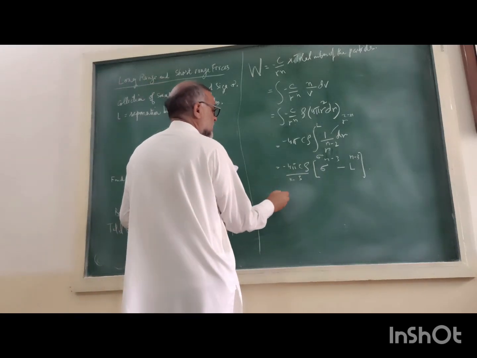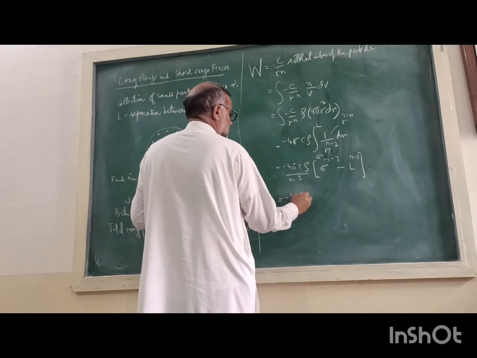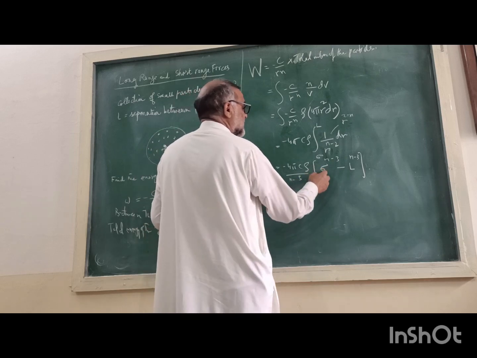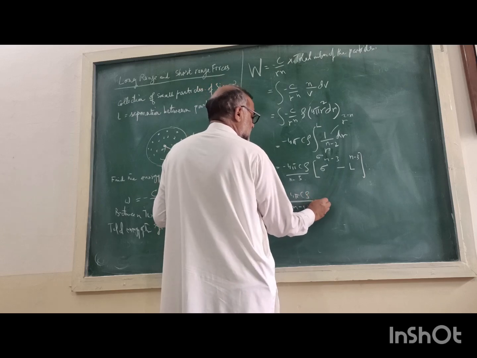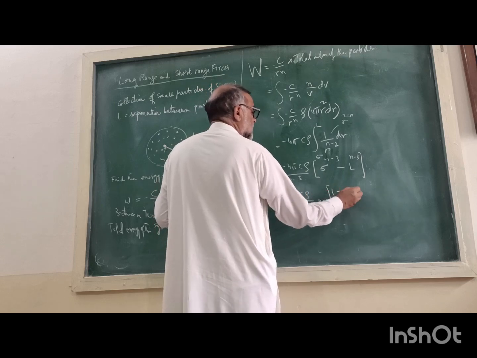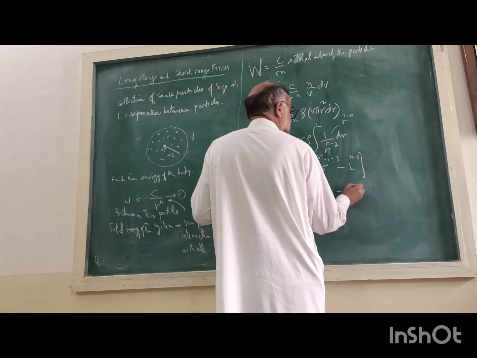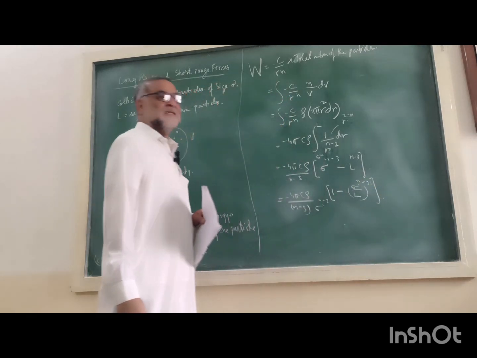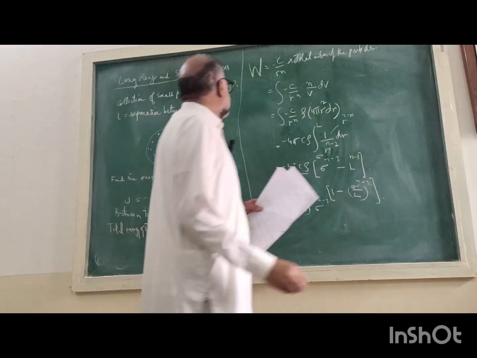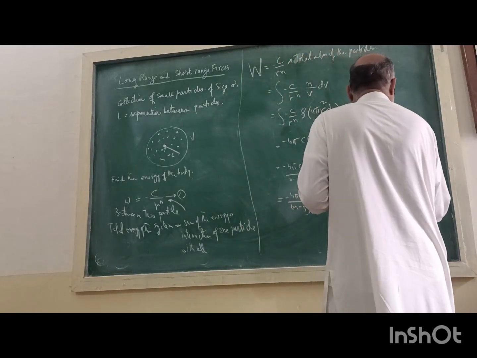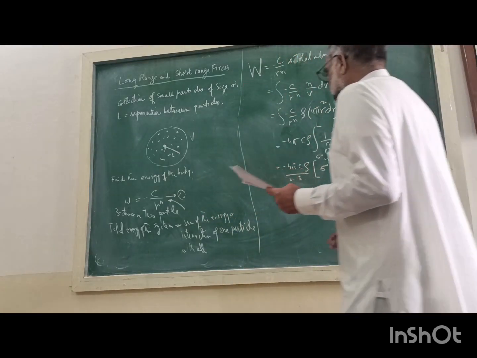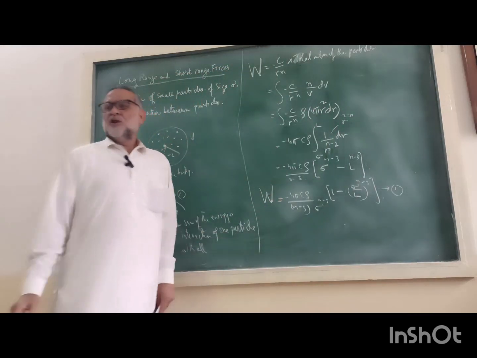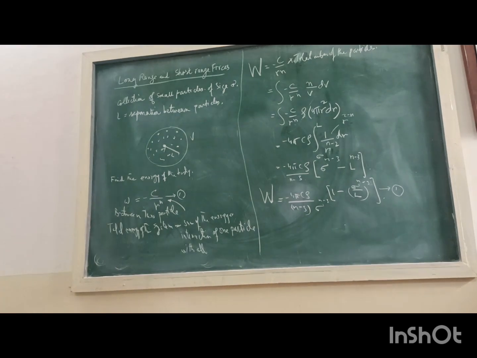And minus 4 pi C rho over n minus 3, and I'm taking this as common, so that will be 1, and it will be sigma over L to the power n minus 3. That is the equation which gives us the total energy of the body.